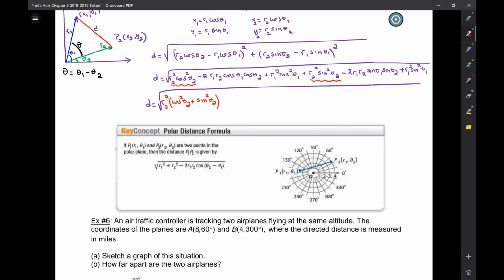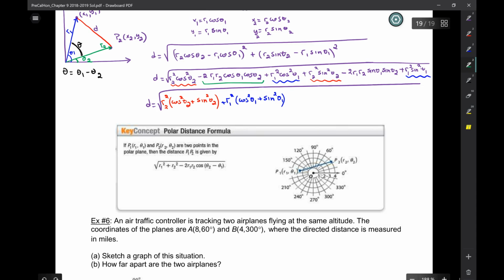Now I'm going to do the same thing with the R1 squared. So much work. R1 squared, cosine squared theta 1 plus sine squared theta 1. And then what do we have left over? Look at what I have left over.